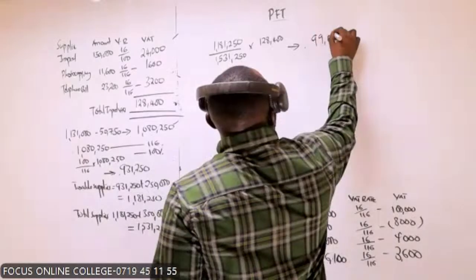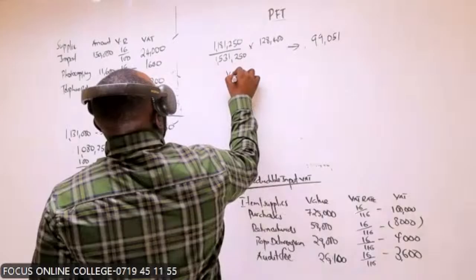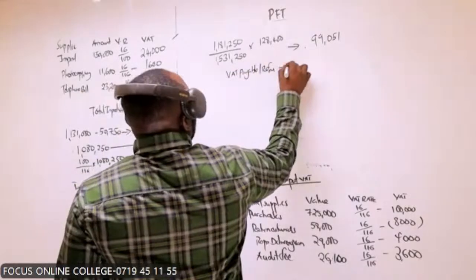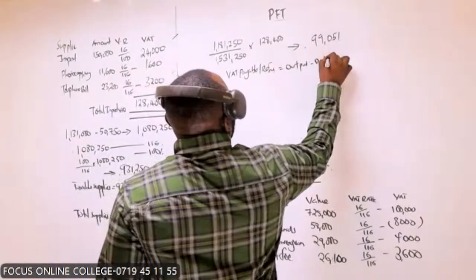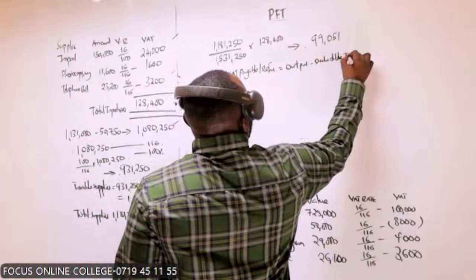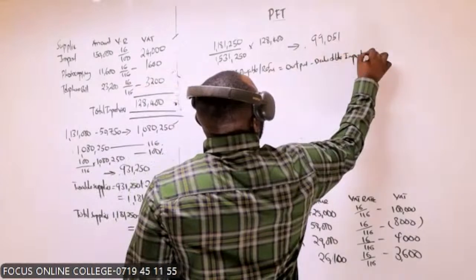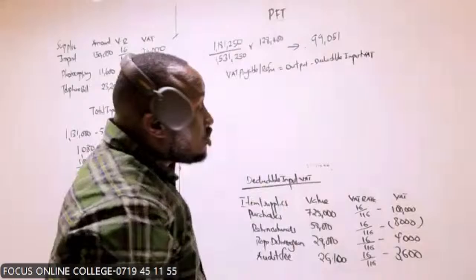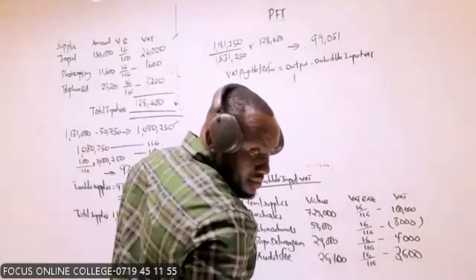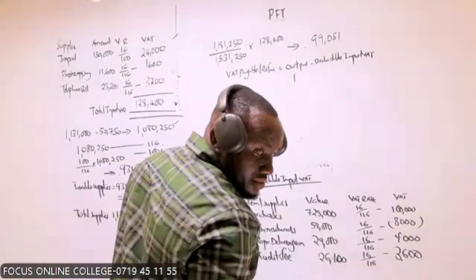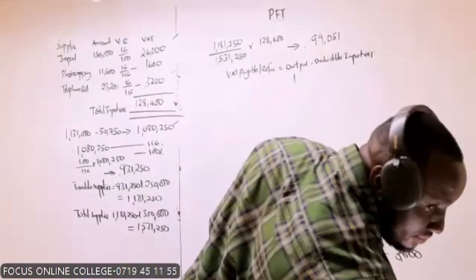So VAT payable, or what we call refundable, should be output minus deductible input VAT. What is our total input VAT? Our total output VAT was 114. What was the output that we need to less from 99? Give me the output. 149.